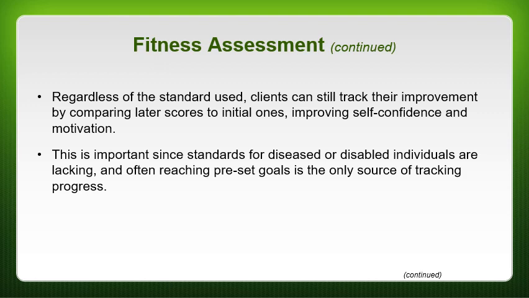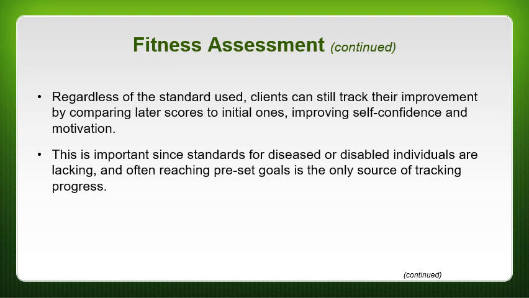Again, this is important because standards for diseased and disabled individuals are lacking, and often reaching preset goals is the only source of tracking progress. I mentioned this in the previous slide: with diseased and disabled individuals, we don't necessarily have standards for them. I had mentioned the whole criterion reference fitness test.